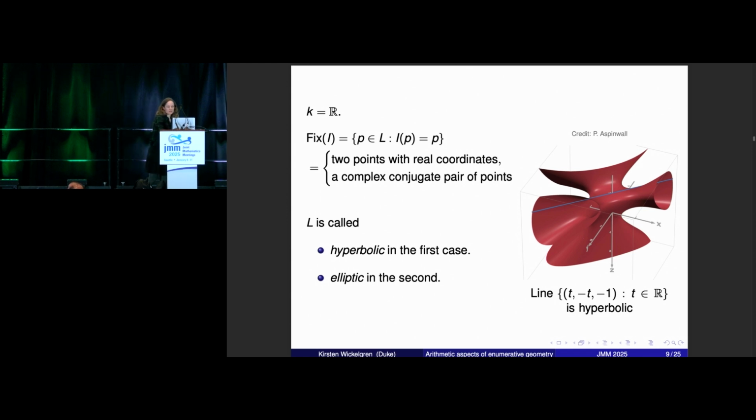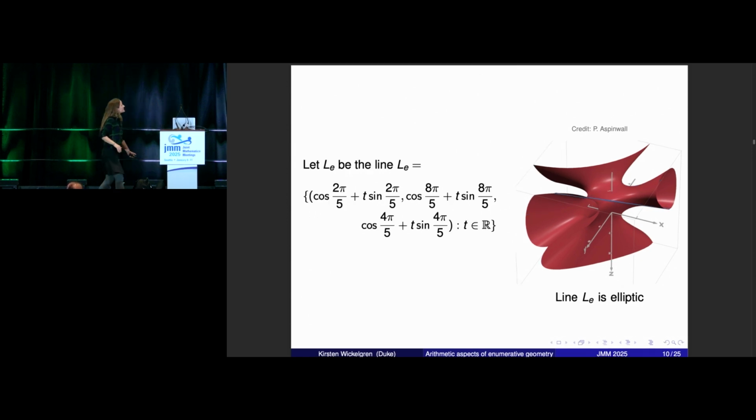However, this one is elliptic, so we can do it again. We start here, and we go around, but then we keep going in the same direction, and we are all twisted up. And then we could do it again and untwist ourselves, thanks to the fundamental group of the orthogonal group. But that makes this line elliptic.